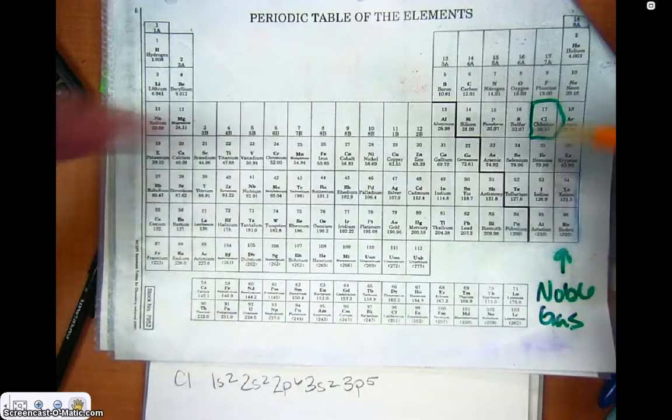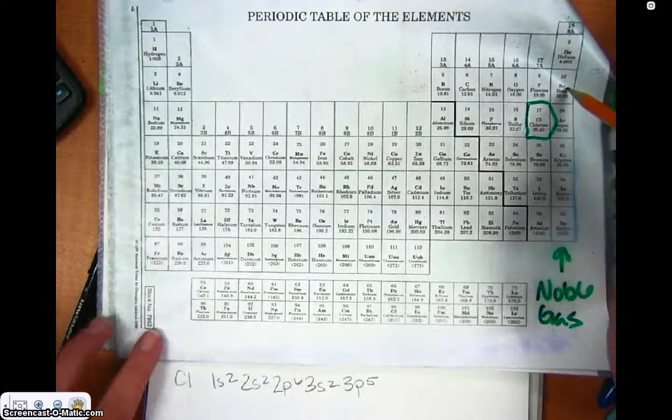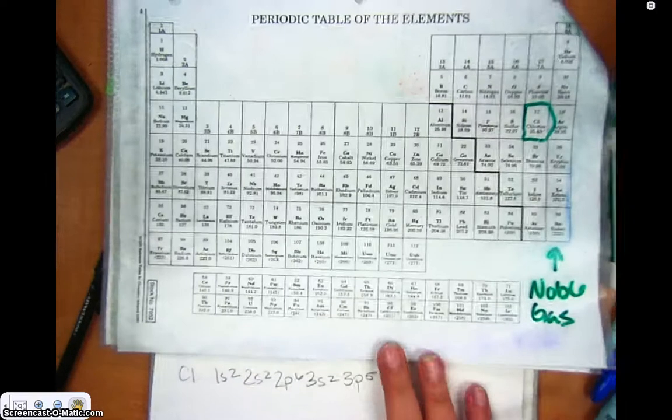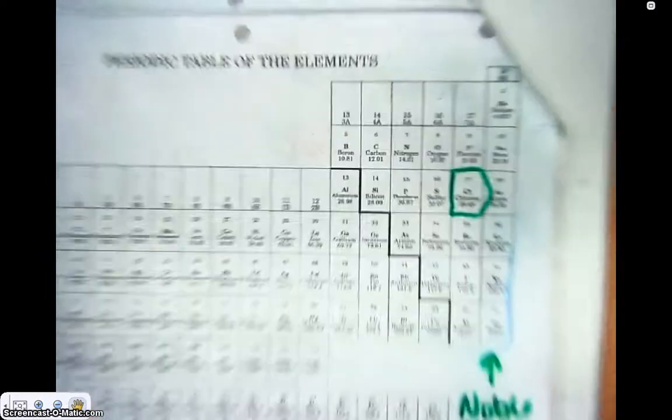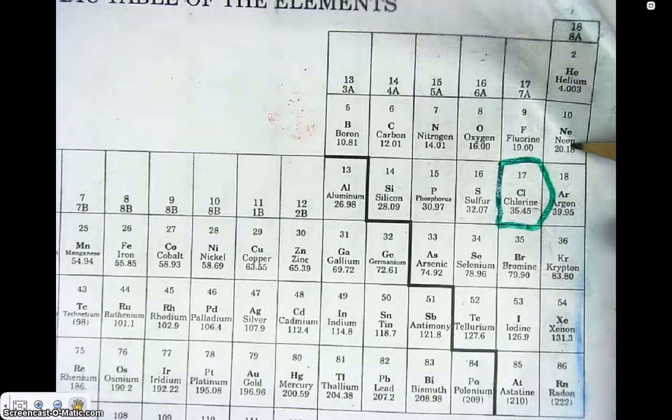Now what I'm going to do is go up a row and go to the very end of the noble gas. You see that the noble gas for chlorine is above the column, so we want to go up one. Let me just zoom in so you can see. Right here, the noble gas is neon. So let me do the electron configuration for neon, and then you'll see where the noble gas shortcut comes from. So I'll zoom back out.